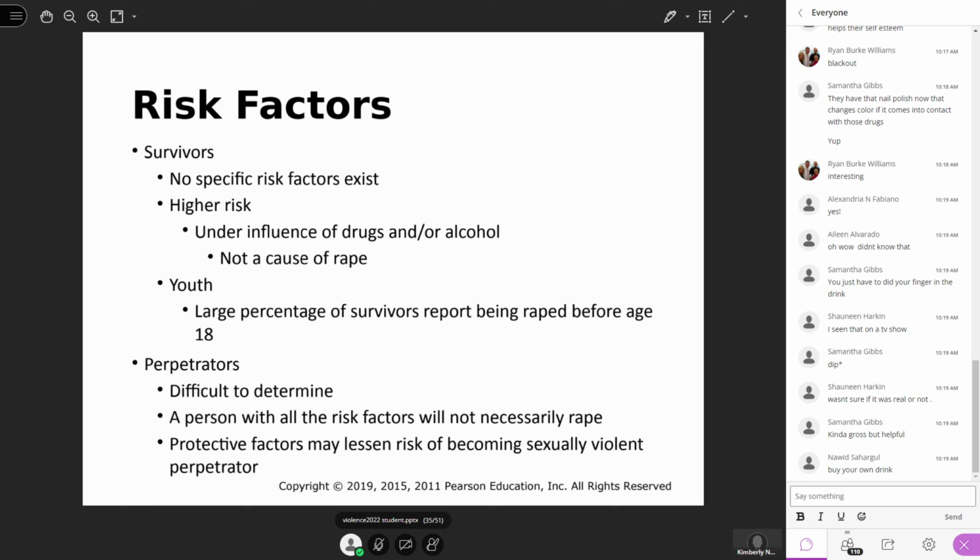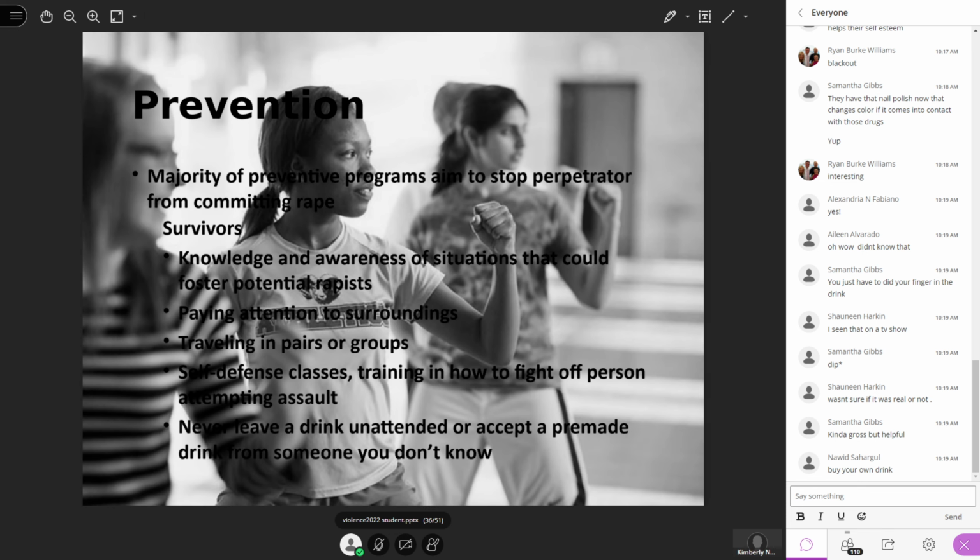We want to make sure that they are able to deal with the situation that has occurred and have the ability to cope with what has happened. All right, same thing. We want to make sure that they are safe initially, that all of their injuries are treated, and then we want to work on the long-term goals.